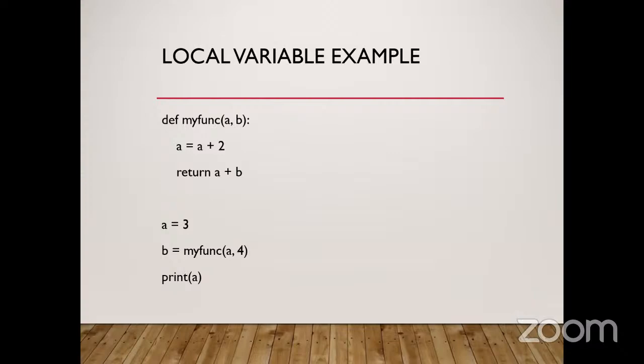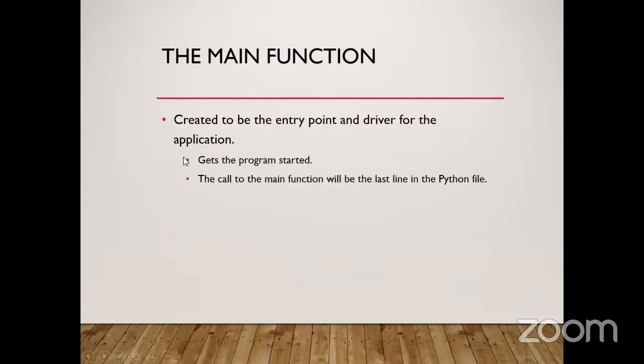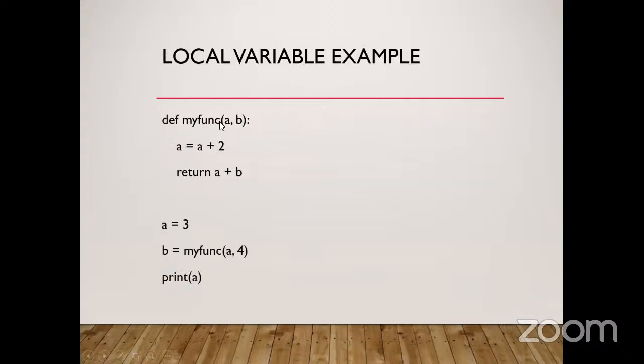So my function takes A and B, and then I can use A and B inside the function. This is inside the function, this is outside the function. I defined it here. And then later on I say A is equal to 3, B is equal to my function A of 4.